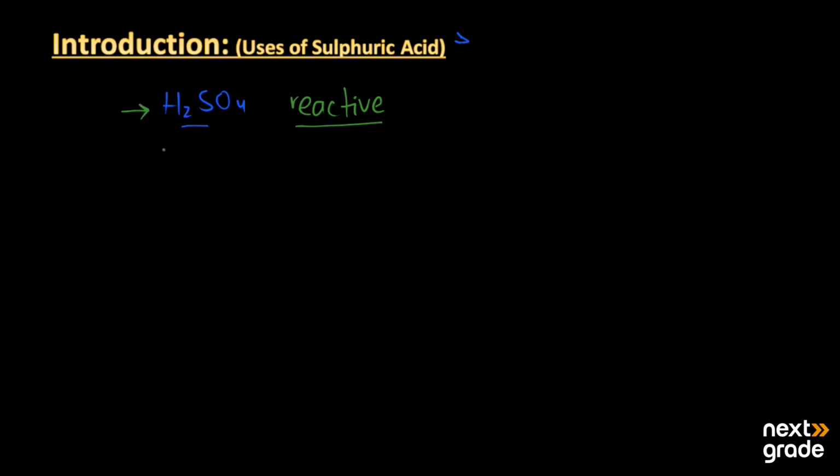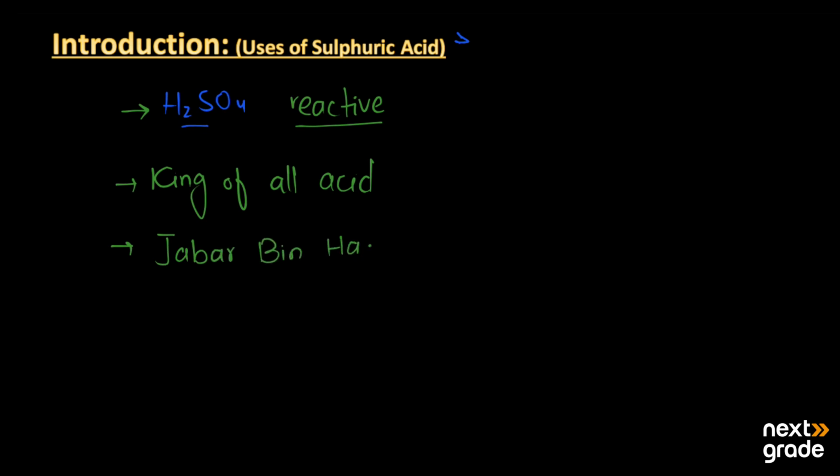Sulfuric acid is basically known as the king of all the acids, and it was prepared by a Muslim scientist whose name was Jabir bin Hayyan. Jabir bin Hayyan is also known as the second father of chemistry.